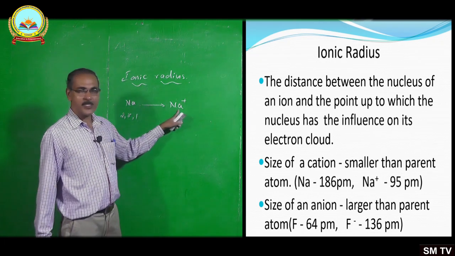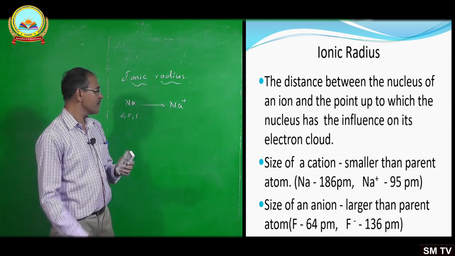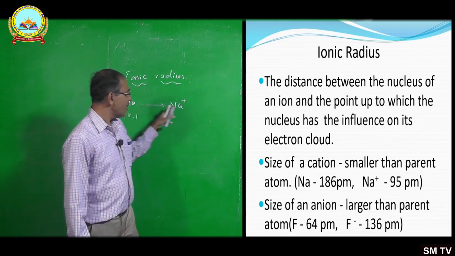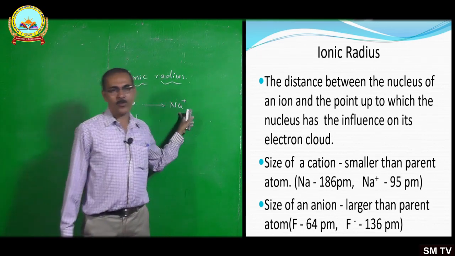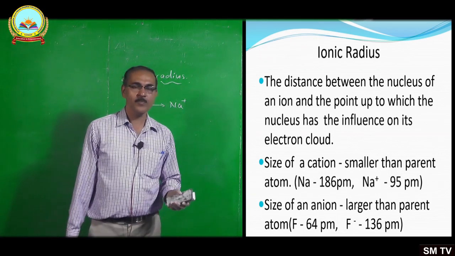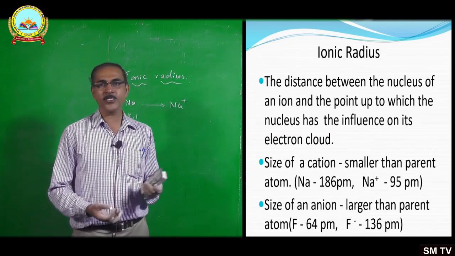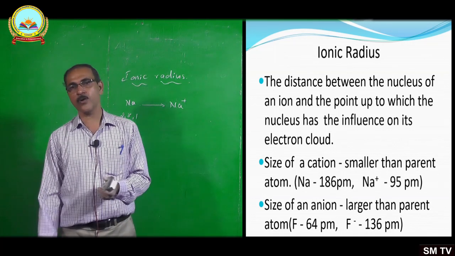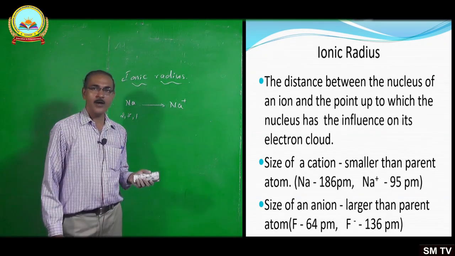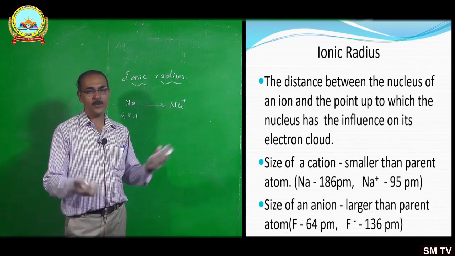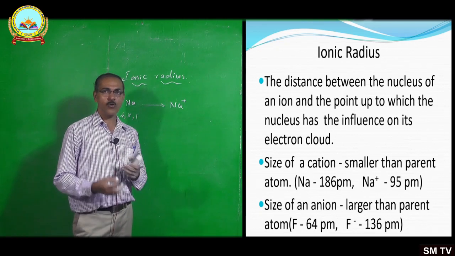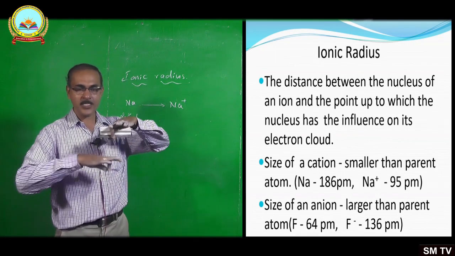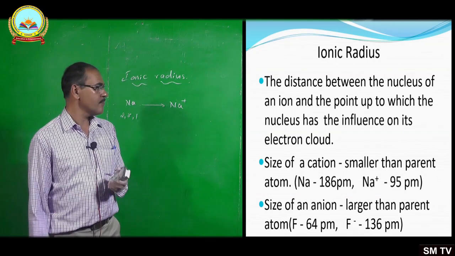Now, in Na plus, in its compounds, in the ionic bond and also the covalent bond, the atoms try to have 8 electrons in the valence shell, that is called the octet. How to get the octet? Either by losing an electron, gaining an electron, or by sharing an electron. That is actually the basis for chemical bonding.